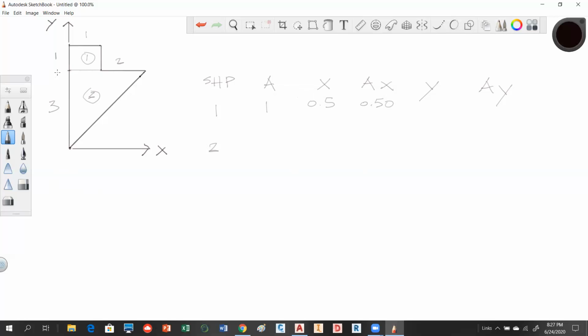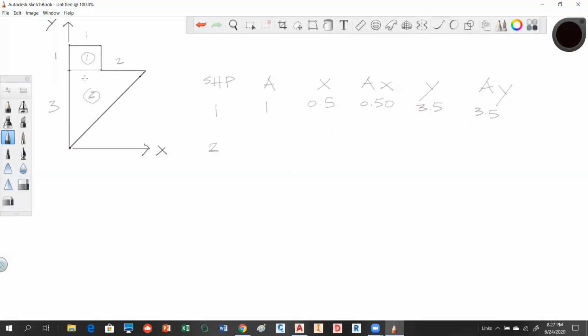So we're going to go 3 millimeters plus half of this distance. So that would be 3.5. 3.5 times area gives me also 3.5. So the units here are millimeters squared, millimeters, millimeters cubed, millimeters, and then millimeters cubed. And we'll see at the end that we'll wind up with millimeters as our distance unit.